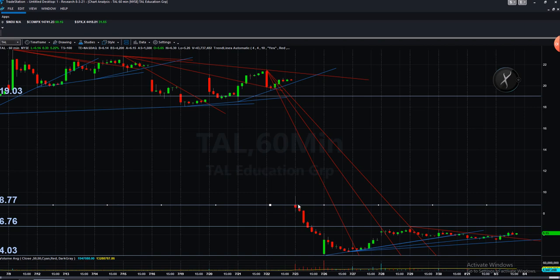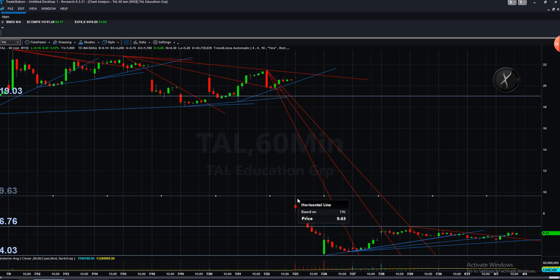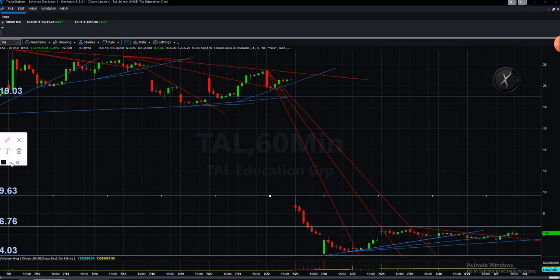So really, if we break through this day candle of $9.63, it's gonna take off like a rocket ship. I could totally see that with the right settings and such, and it's gonna hit this bottom over here.